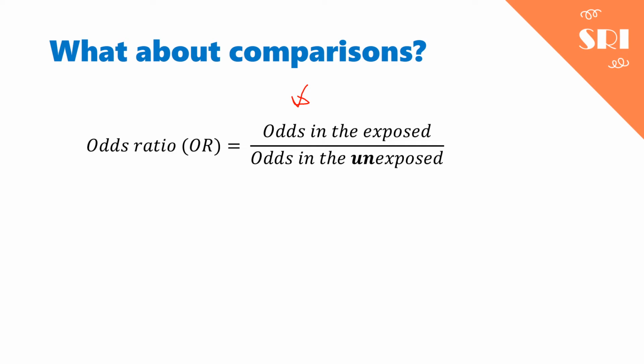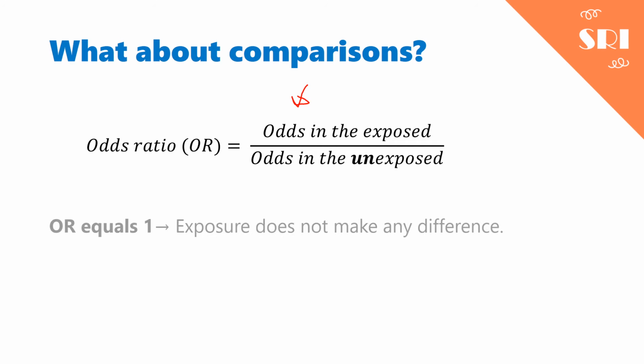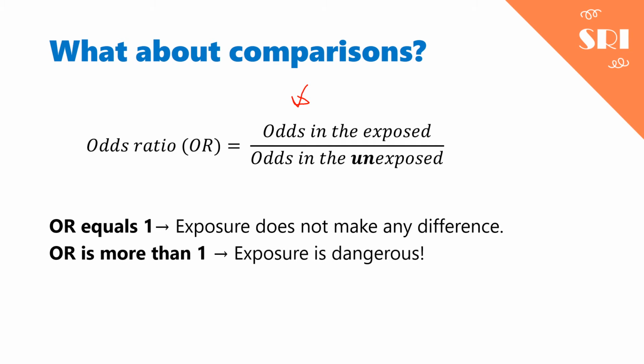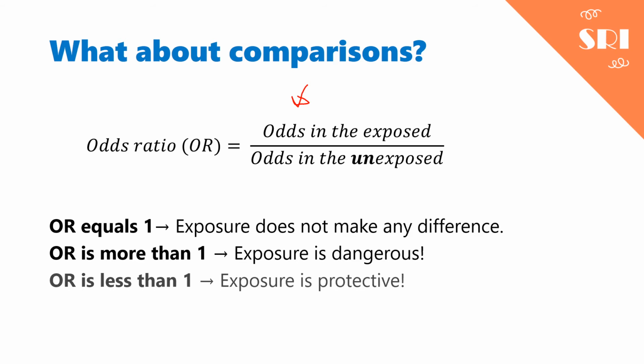Now we just divide the odds in the exposed by the odds in the unexposed to calculate the odds ratio. And the same things can apply: if the odds ratio equals 1, that means exposure does not make any difference. If the odds ratio is more than 1, that means exposure is risky or dangerous. If the odds ratio is less than 1, that means exposure is protective and safe.